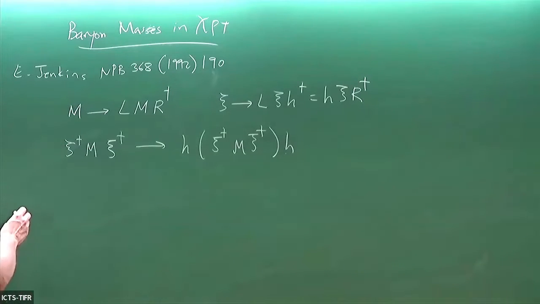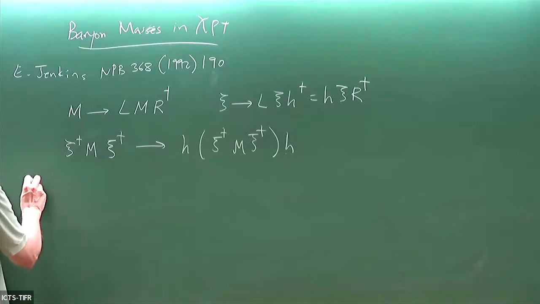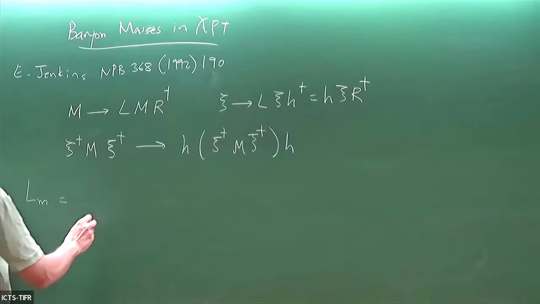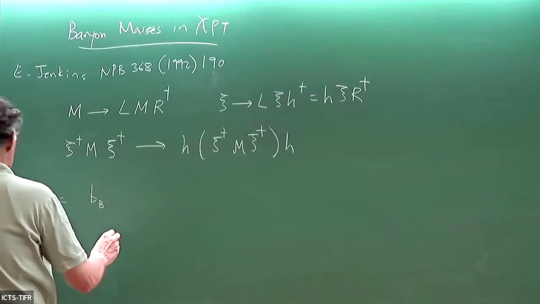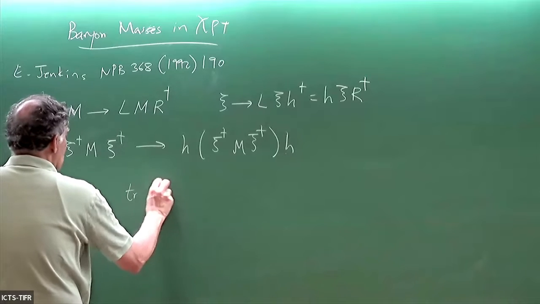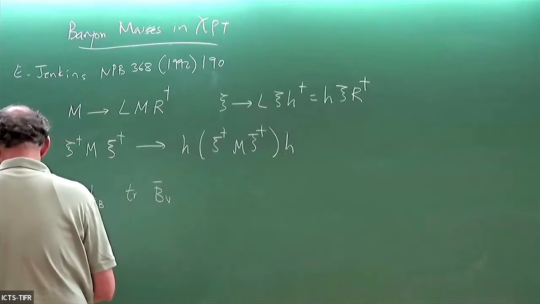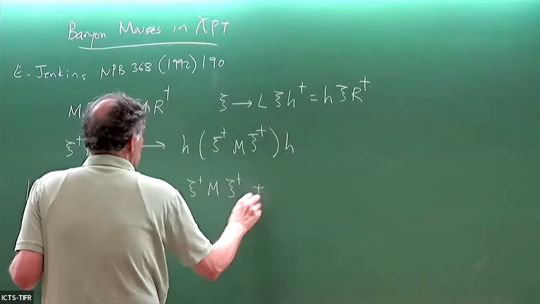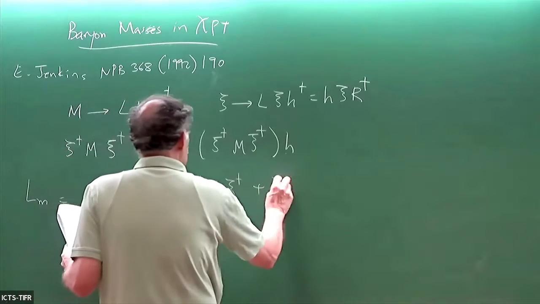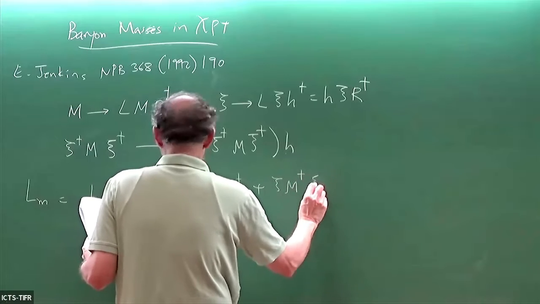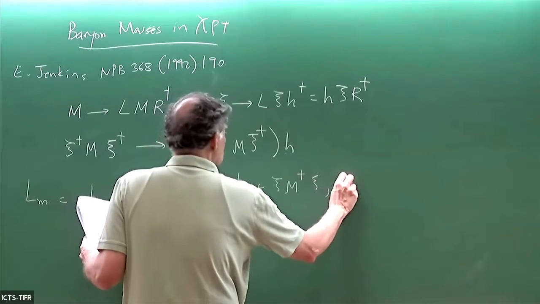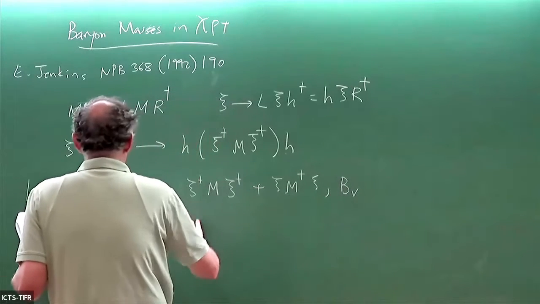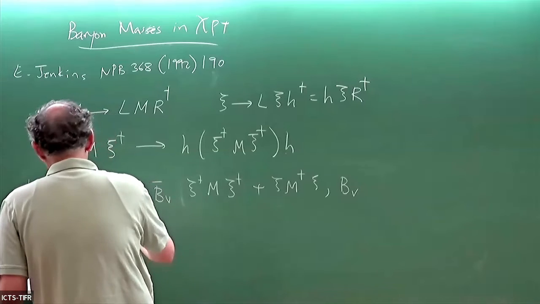So, okay, and I'm going to do this in SU(3). So the mass is a 3×3 matrix. The baryons are 3×3 matrices. And the mass Lagrangian is b_D times the trace of B bar_v, Xi dagger M Xi dagger plus the Hermitian conjugate, Xi M dagger Xi, B_v. Sorry, this is wrong, this is b_D.